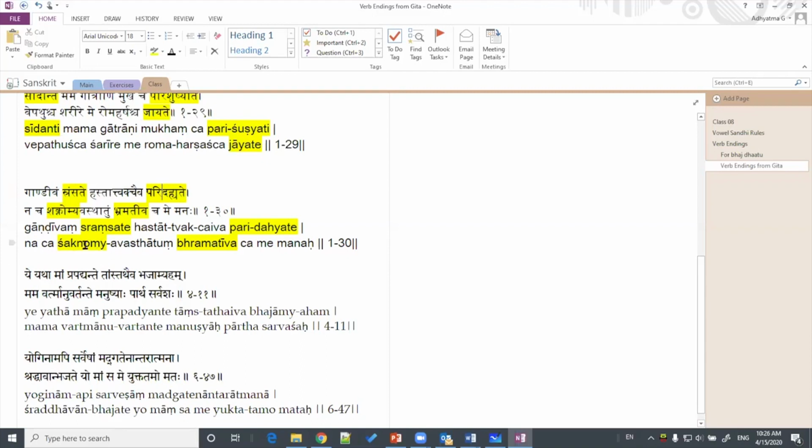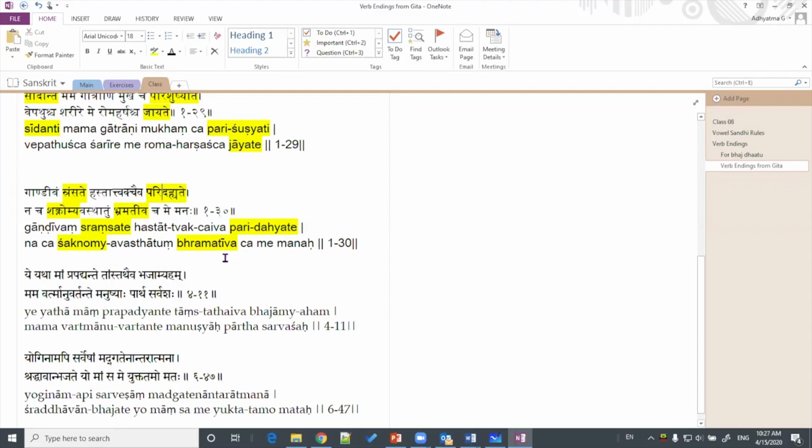Even though it's not ami, the suffix is mi, not ami, in shaknomi. It is another dhatu which does not have the stem ending in akara. That's why you do not see akara here, but it's still a first person singular form.